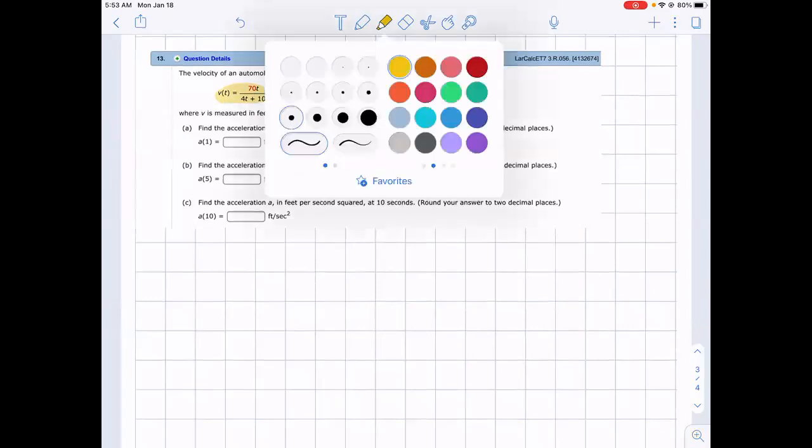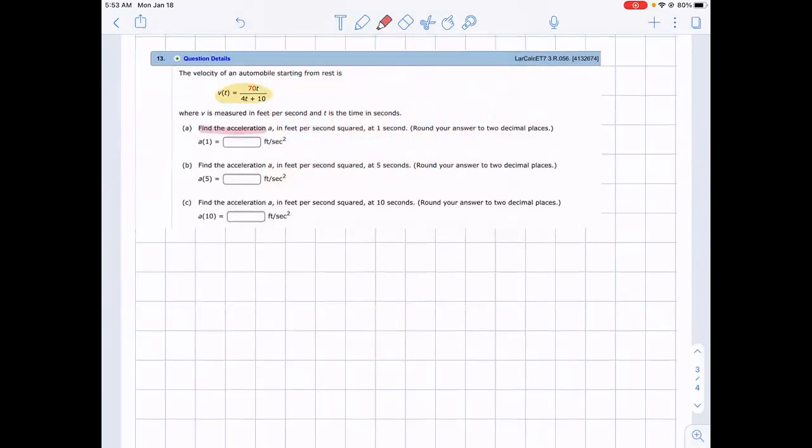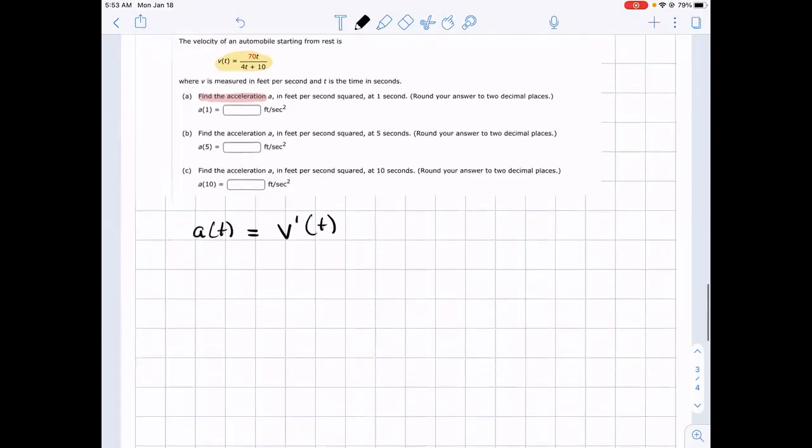So when you're asked to find the acceleration, we know that a as a function of t is the same as v prime of t. Okay? So if you have the acceleration, you can find the velocity. If you have the velocity, you can find the acceleration.